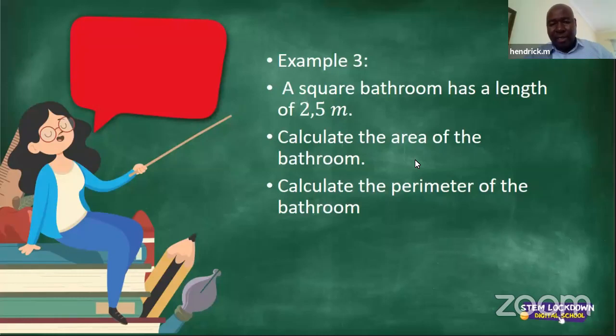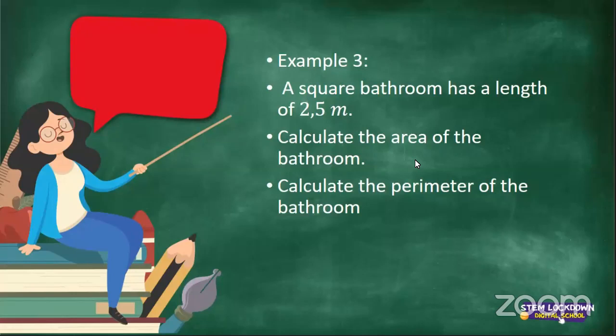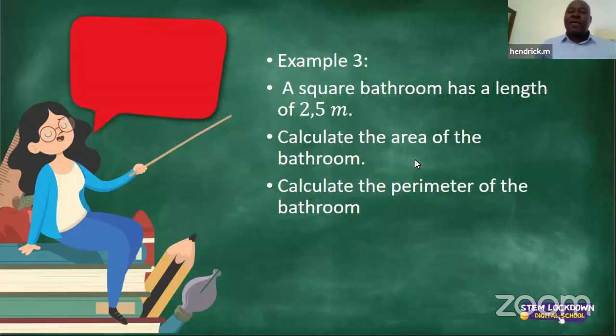Exactly. And what do you get? Just multiply correctly. Remember, if you want, you can remove the comma and just multiply 25 by 25.